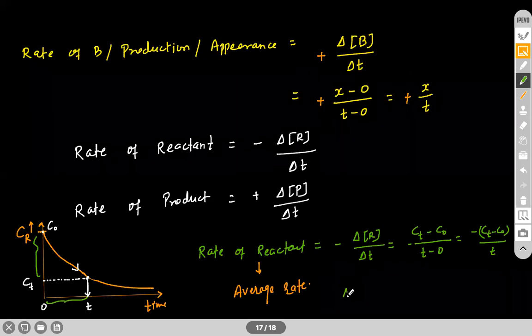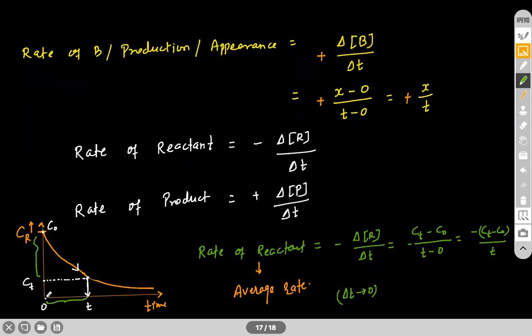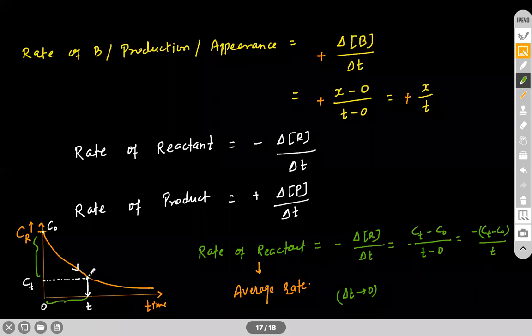What do you understand by delta t tends to 0? You are shifting this point close to this 0. And when is it possible? When this point and this point are just very close to each other. Yes or no? Please type Y or N in the chat box quickly. When delta t tends to 0, this point is very close to this point, then only delta t will be 0, correct?